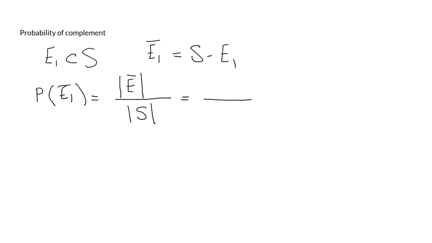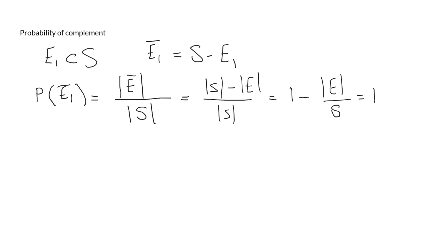Therefore, we have cardinality of S minus cardinality of E1, divided by cardinality of S. And this will be 1 minus cardinality of E1 divided by cardinality of S, which is 1 minus the probability of E1. So this is totally expected intuitively.